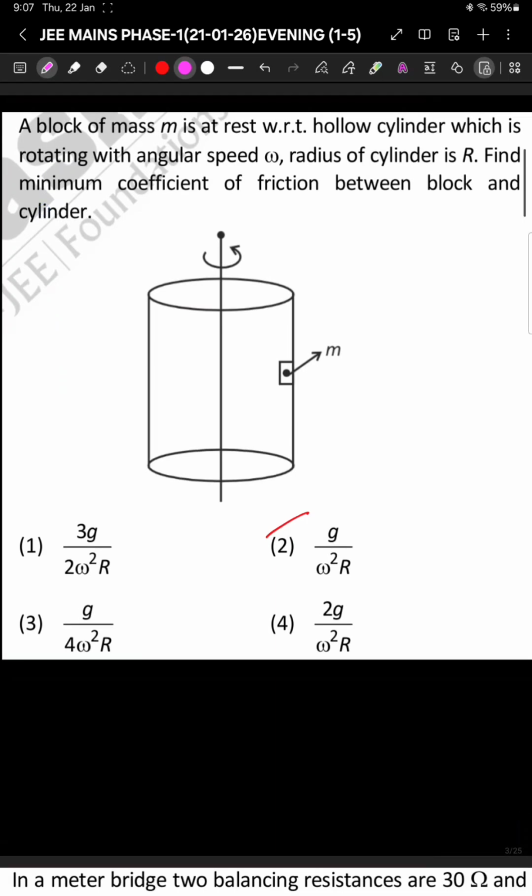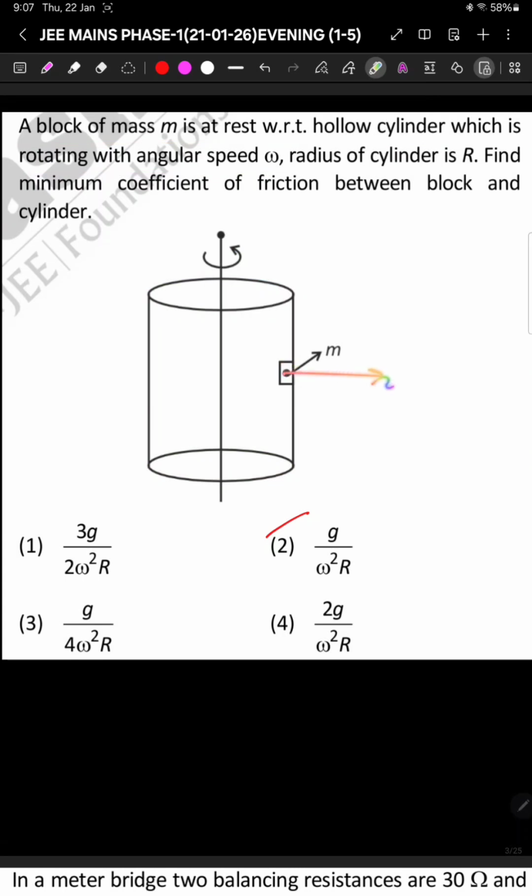Third question. This question belongs to circular motion with friction. A block of mass m is at rest with respect to a hollow cylinder which is rotated with angular speed omega. So this cylinder was rotating with an angular velocity.